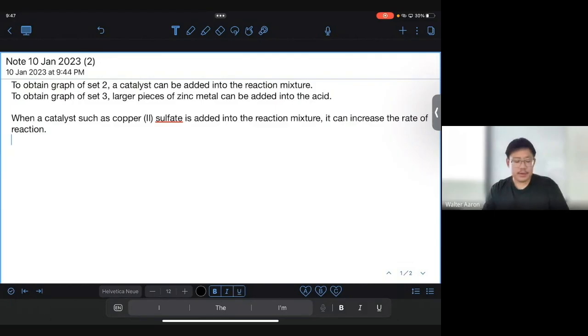Now how does it do it? So right now when you say that you add copper 2 sulfate inside, it can increase the rate of reaction, you get 1 mark already. Then you have to explain in terms of how it works.